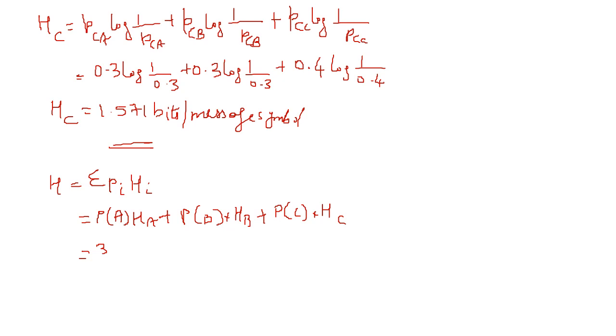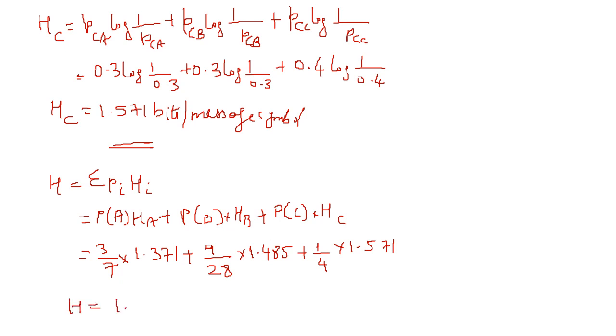So Pa is 3 by 7, HA is 1.371 plus PB is 9 by 28, HB is 1.485, PC is 1 by 4 and HC is 1.571. So once we substitute, we'll get the source entropy H as 1.458 bits per message symbol. So this is the value of your source entropy.